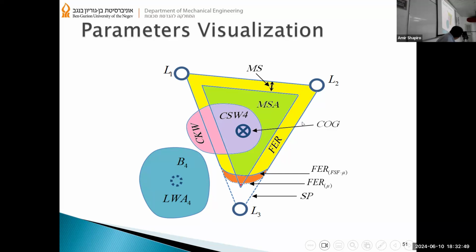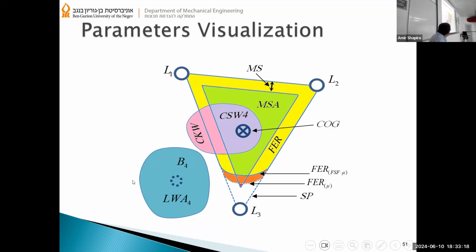We have the feasible equilibrium region, which is smaller than the support polygon. We have the center of mass and the places that we can move the body in order to move the center of mass.